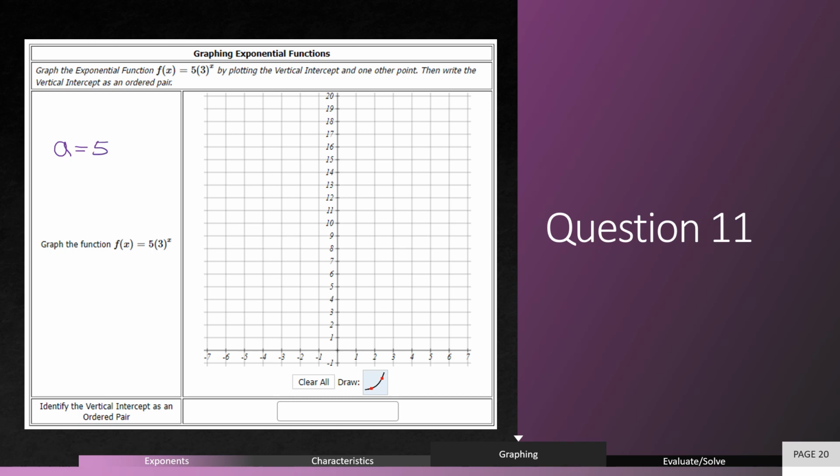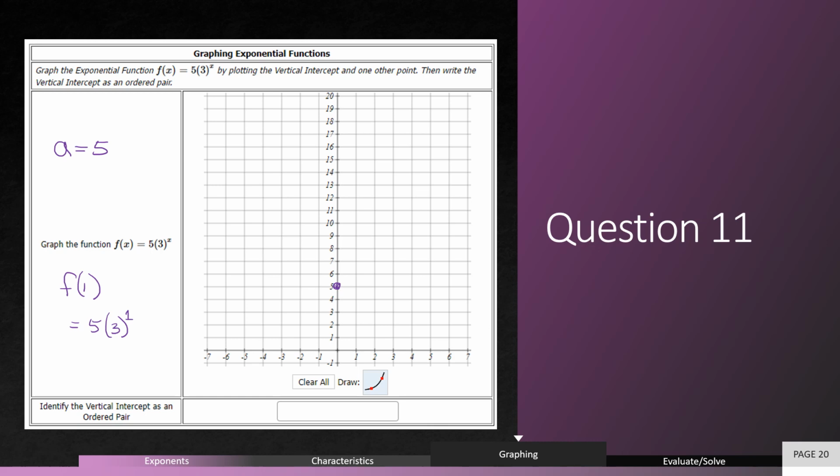So I can see that this is going to start right there. Not a problem. To get my second one, probably the easiest thing to do is to find f of 1. And so that's going to equal 5 times 3 to the first, or just 5 times 3.